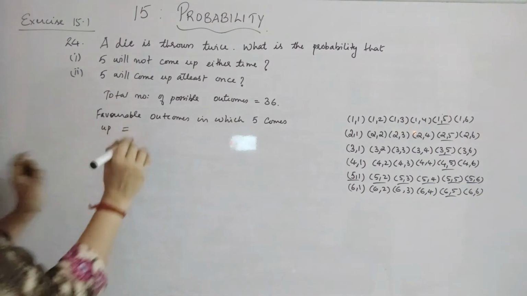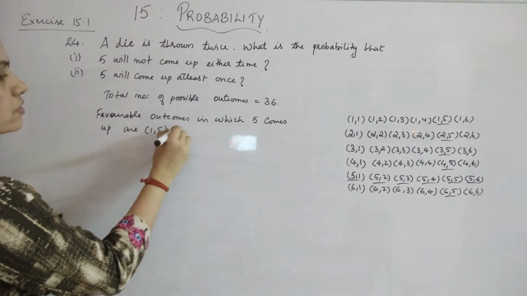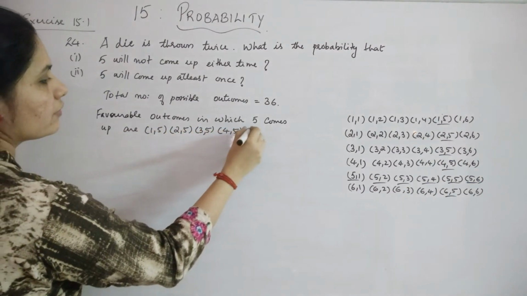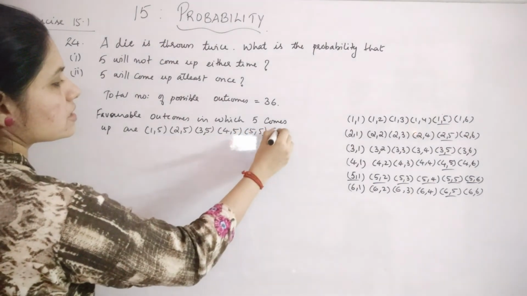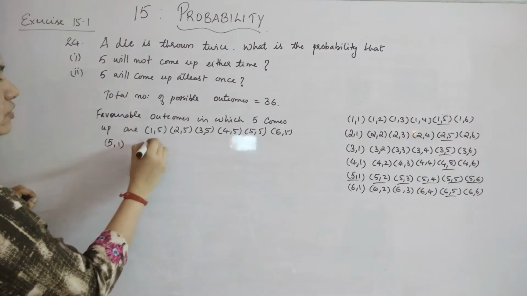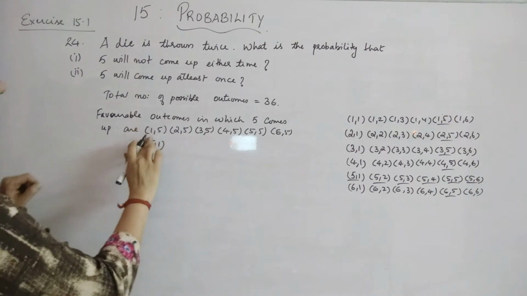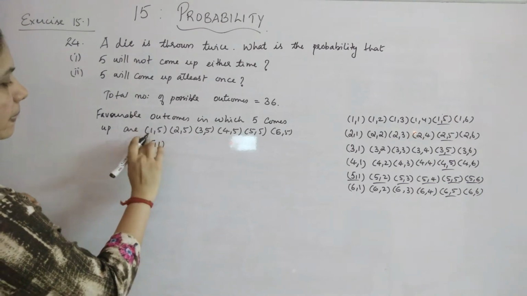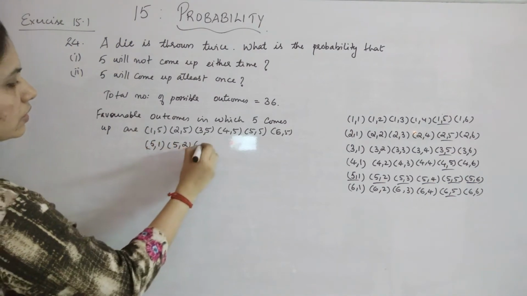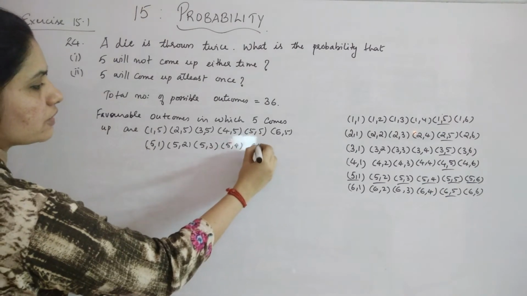The cases can be 1 5, 2 5, 3 5, 4 5, 5 5, 6 5, 5 1, 5 2. You can just see it's the opposite of this one, 1 5 then 5 1, 5 2, 5 3, 5 4, 5 5 already taken, so 5 6.